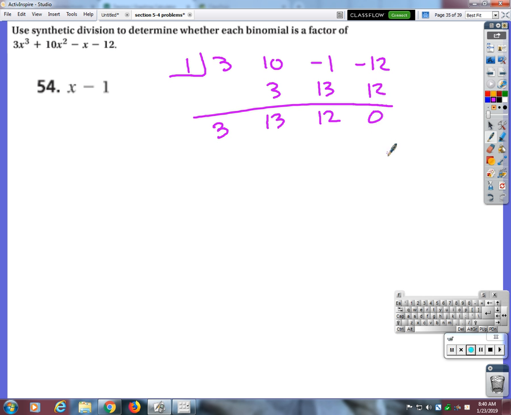Since you got 0 as a final answer, the answer is yes. It is a factor of that. And it factors into x minus 1 times 3x squared plus 13x plus 12. Okay?